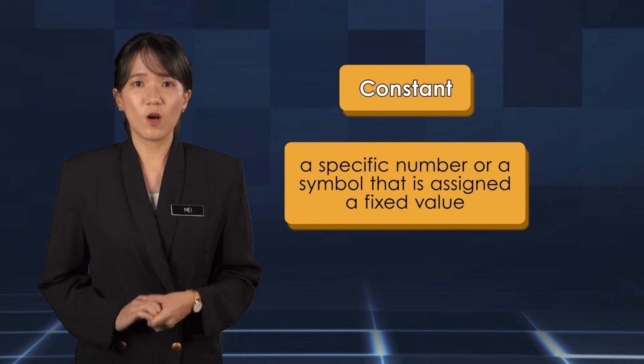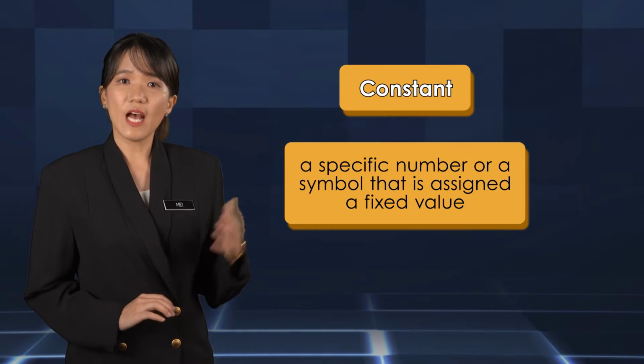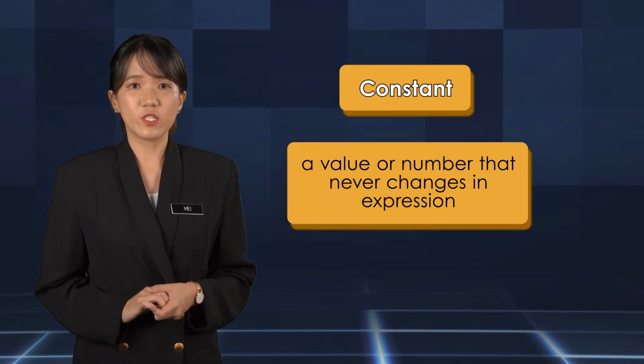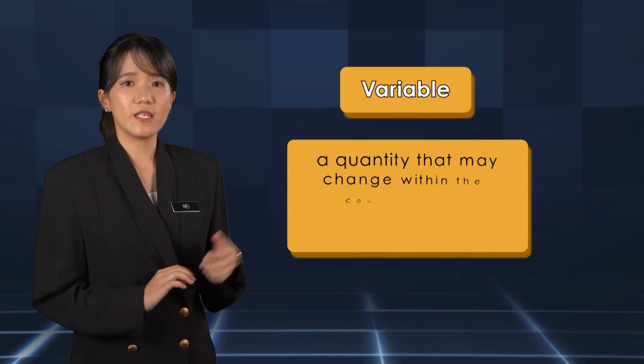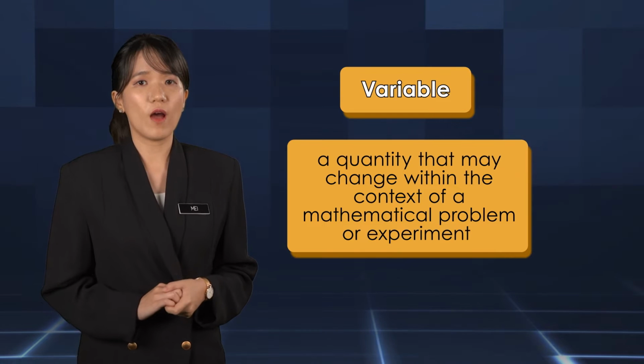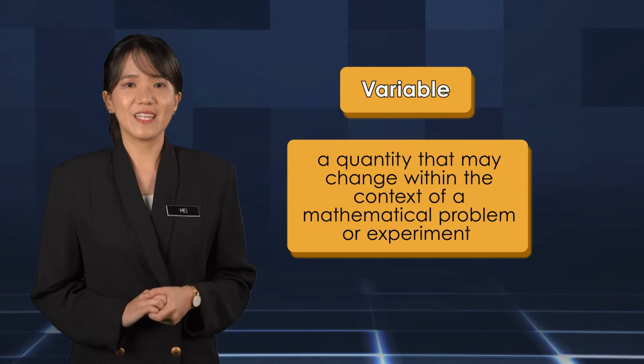In mathematics, a constant is a specific number or a symbol that is assigned a fixed value. In other words, a constant is a value or a number that never changes in an expression. A variable is a quantity that may change within the context of a mathematical problem or experiment. We normally use a single letter to represent a variable.